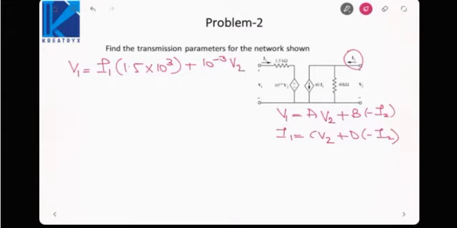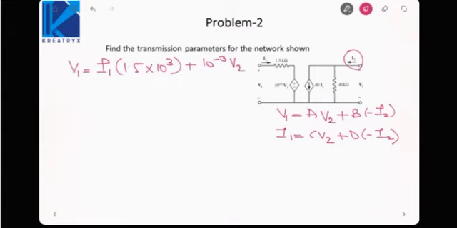If we apply KVL at the output port, current here should be I2 minus 40 I1. That means V2 is equal to (I2 minus 40 I1) into 40 kilo ohm. This is the relation between V2 and I2.